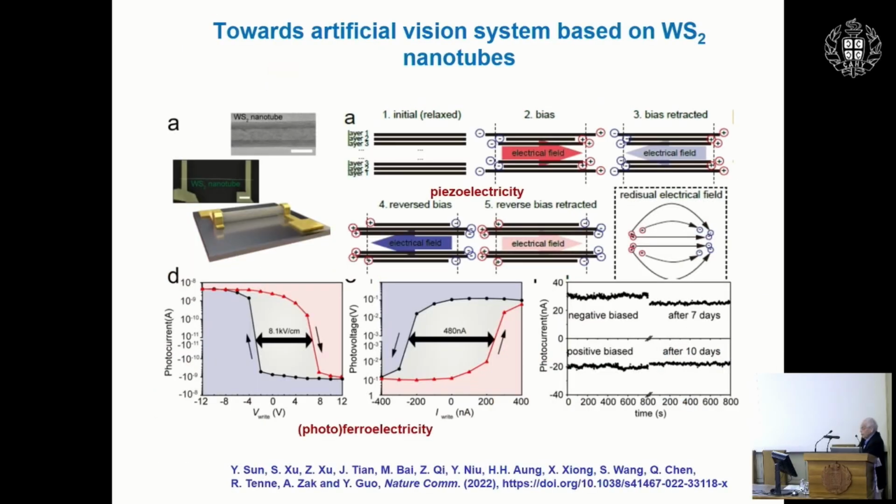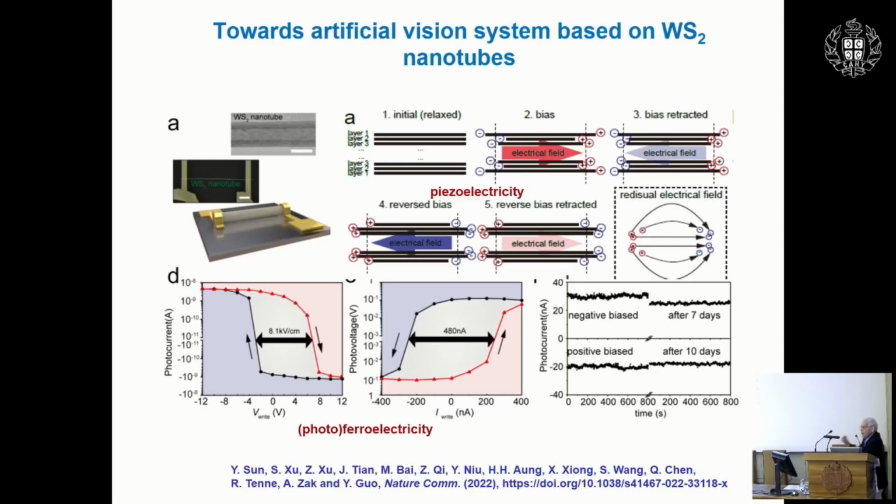Another very beautiful paper, which was published a few years back, was a collaboration with Professor Yao Gao at the Beijing Institute of Technology. We now have another paper in submission on electro-optical properties of the nanotubes. Here, you take a nanotube and you apply a voltage.